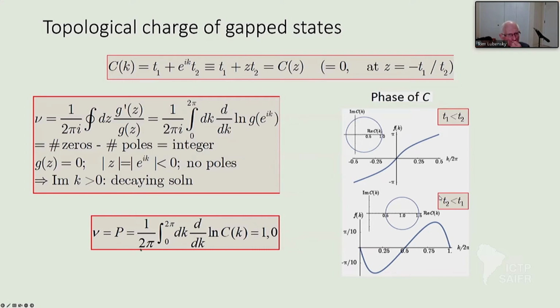So if we had only zeros, then nu would be equal to 0, 1 or 2. But since we have just a linear equation here, we can at most have one 0, and we don't have any infinities in there. So that's how we calculate the phases.